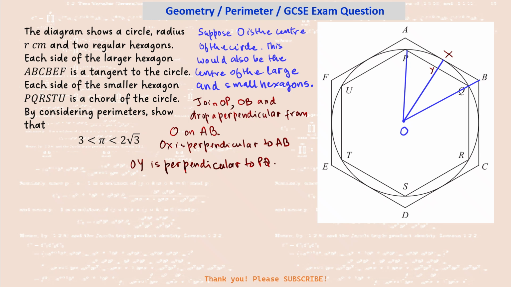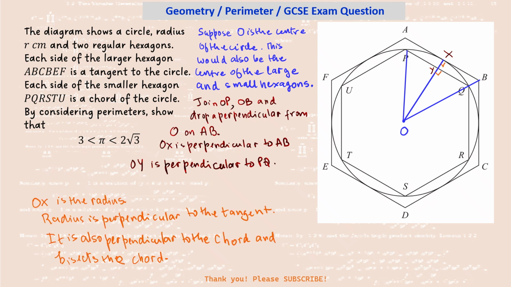Then I also marked this point Y. OY is perpendicular to the chord, OX is perpendicular to the tangent, so OX is also perpendicular to the chord, and it also bisects the chord.